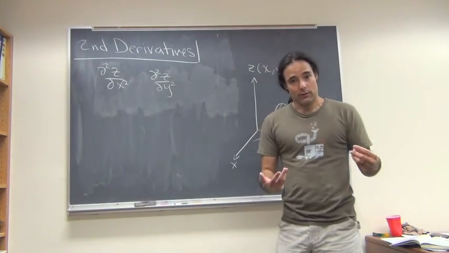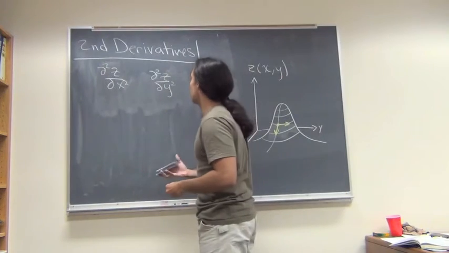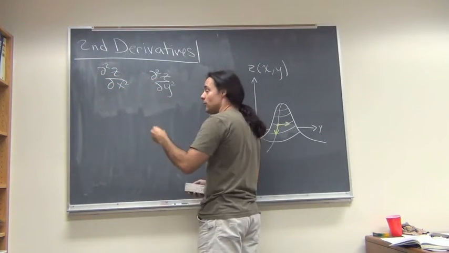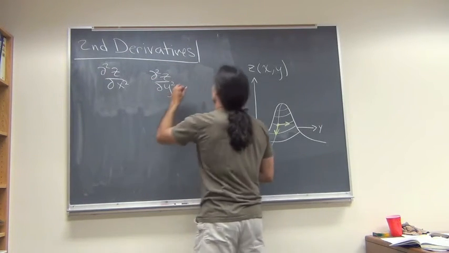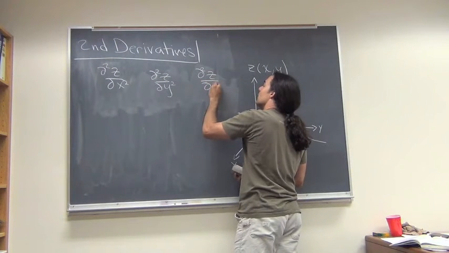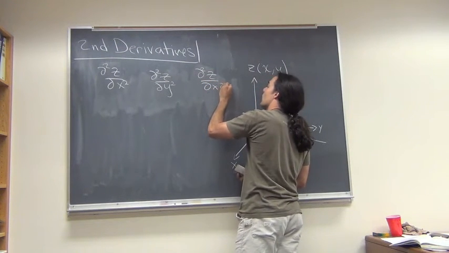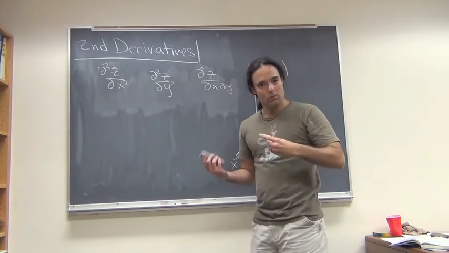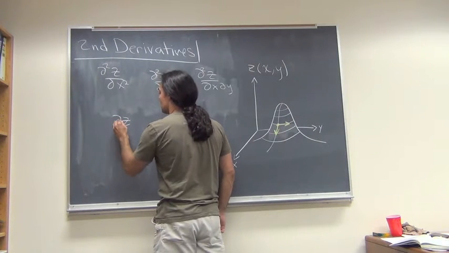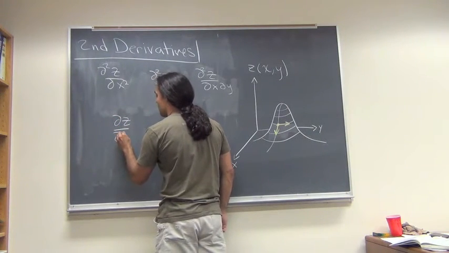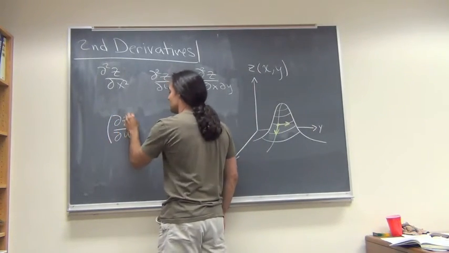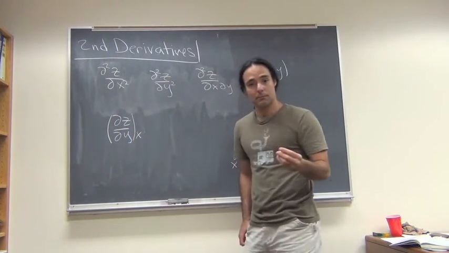We could do mixed derivatives here. So instead of d squared z dx squared or d squared z dy squared, we could instead do d squared z dx dy. What does that mean? Well, what it means is that first I take a partial derivative of z with respect to y, keeping x constant.